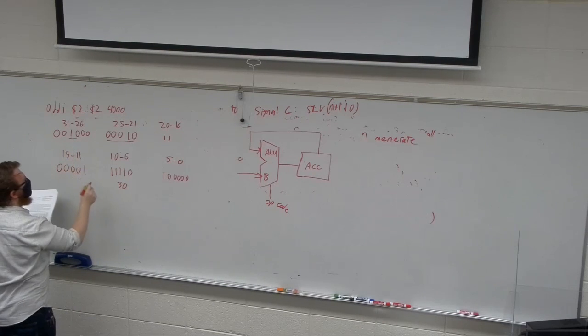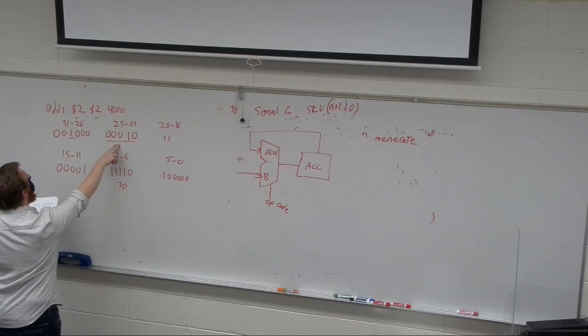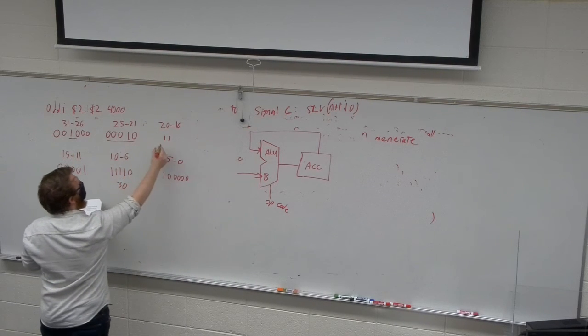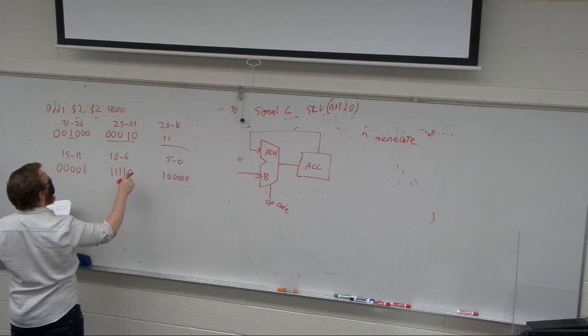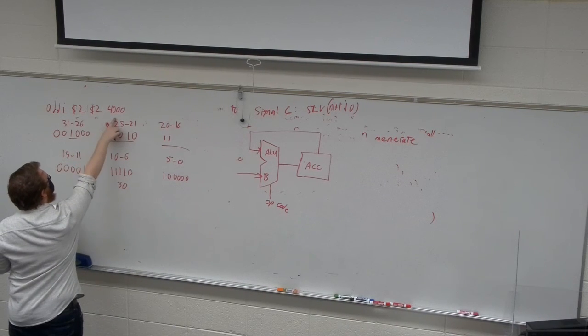This is the opcode for sure. I feel good about that. This is a read address of 2 and a second read address of 2. Right? Because we're adding, wait, no, we're adding 2 and 4,000.